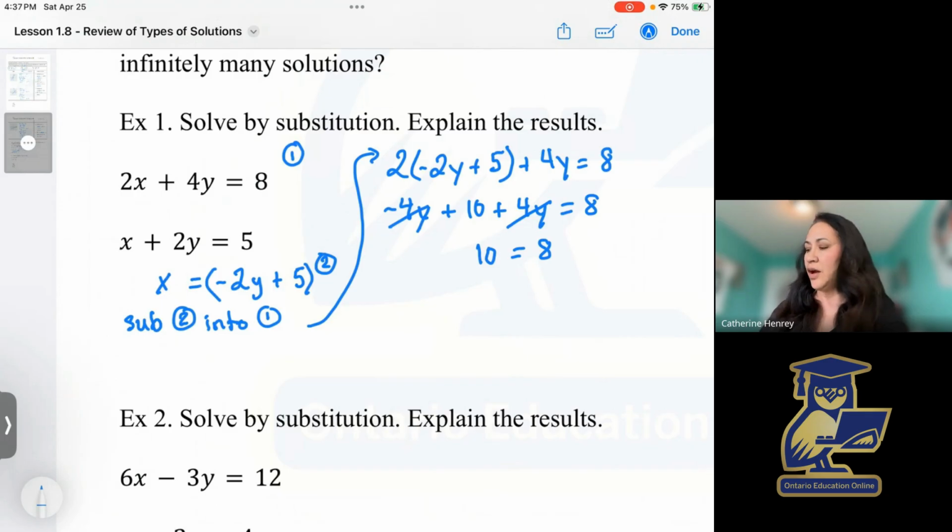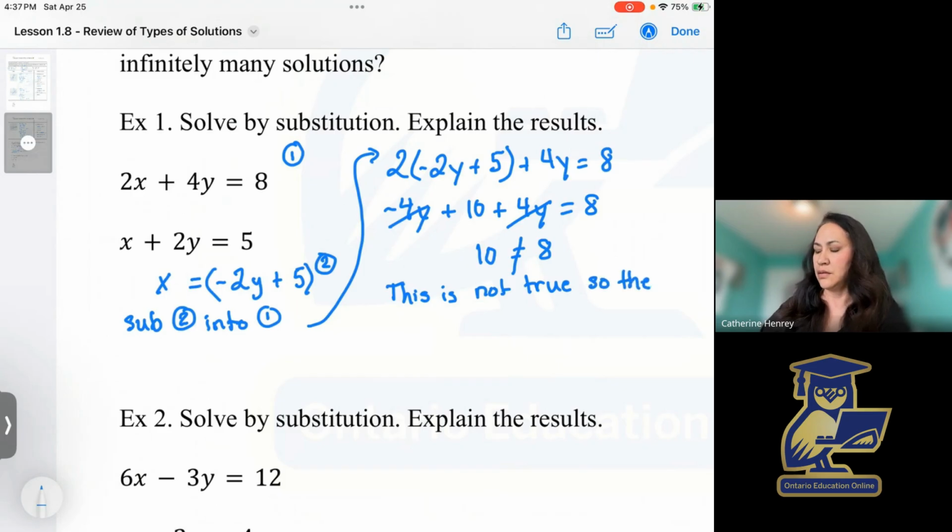But 10 is not equal to 8. And so therefore, because this is not true, there are no solutions. And these lines would be parallel.